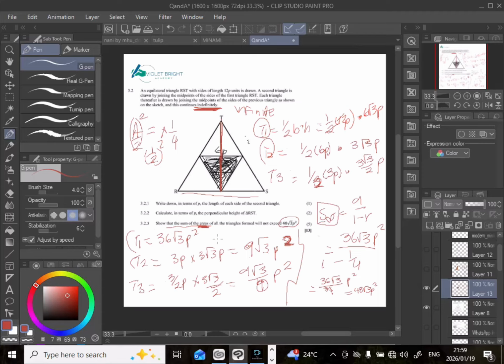We know a is the first triangle's area, over 1 minus r, which is 1 minus the ratio. Then punch that in the calculator, and it gives us 48 root 3, which is the same answer that we were proving for.